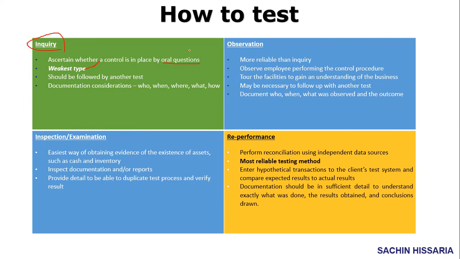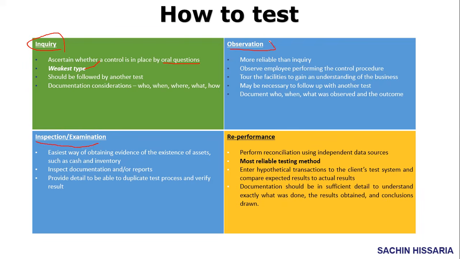Then the second is inspection and examination. In inspection and examination, the auditor will actually inspect the documentation. Whatever documents are there, he will evaluate the documentation and evidences. So it is known as inspection and examination.